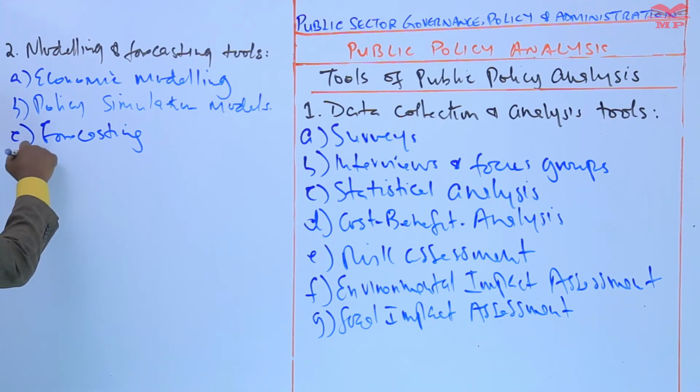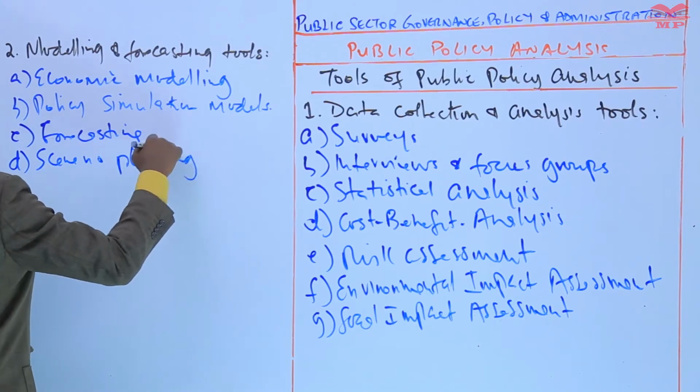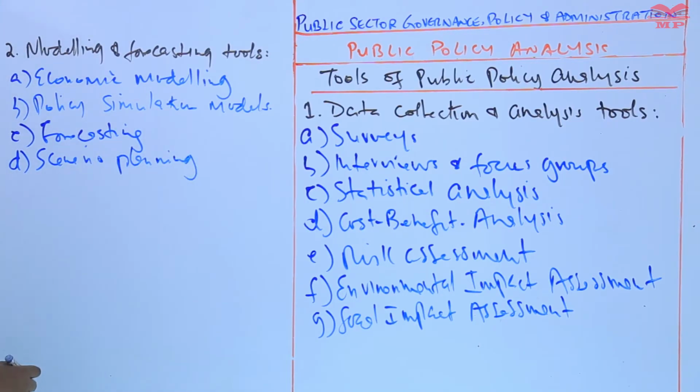4, scenario planning is yet another modeling and forecasting tool that develops alternative scenarios of the future in order to anticipate potential changes, potential challenges and opportunities, and also to inform policy responses.